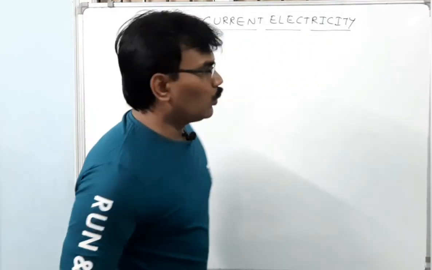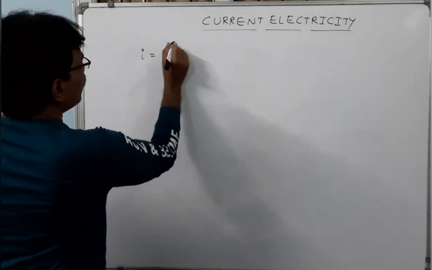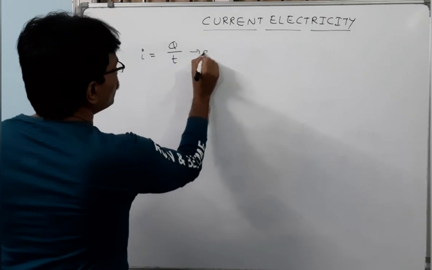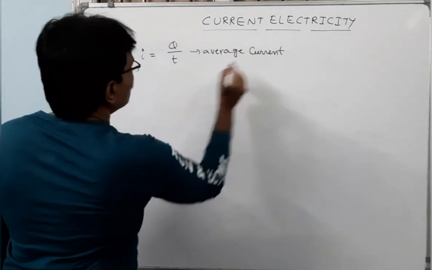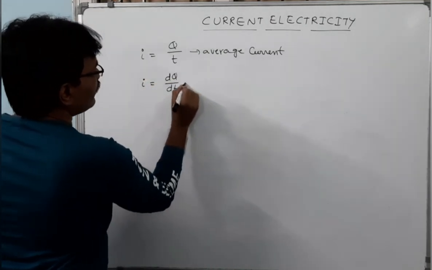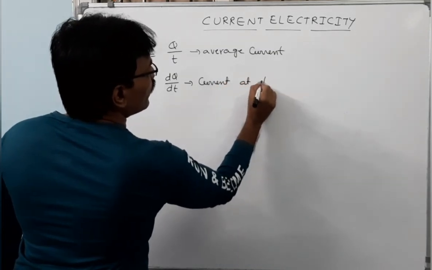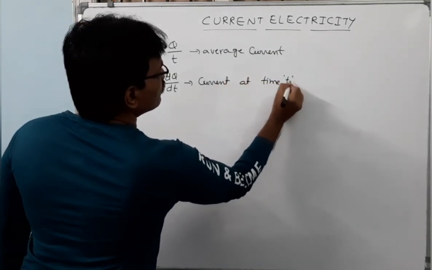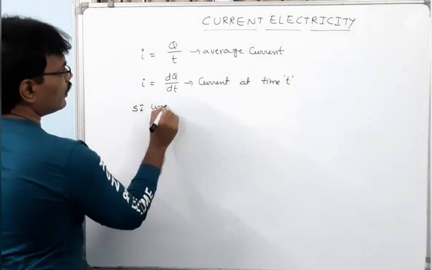Let us see the units of electrical current. Now we have the formula for calculating electrical current, that is q upon t, which is average current, and I equals dq upon dt, which is instantaneous current, or current through a cross section at time t. Based on this, let us calculate the SI unit of current.